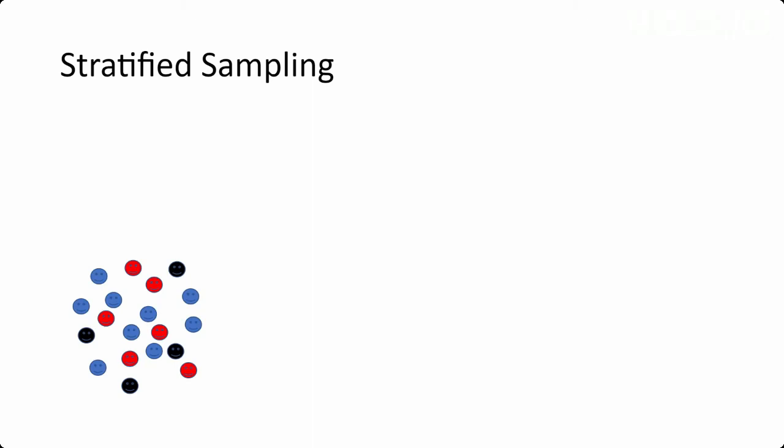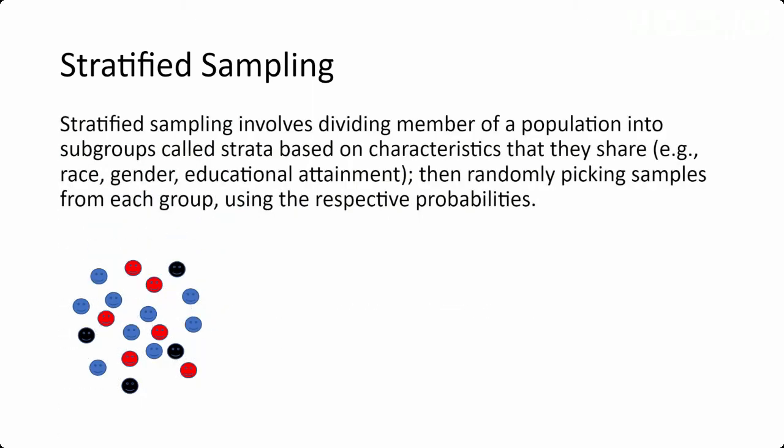Then we have stratified sampling. Stratified sampling involves dividing members of a population into subgroups called strata based on the characteristics that they share, e.g., race, gender, or education attainment. Then randomly picking samples from each group using respective probabilities. In our case, we can have a population with several different types of characteristics.